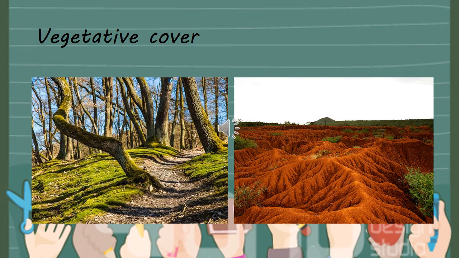When landforms and mountains are filled with trees and grasslands, the weathering process takes place very slowly, because the landforms are held together with the help of the roots of the trees. However, where there is less vegetation, weathering is more prone in these types of areas.